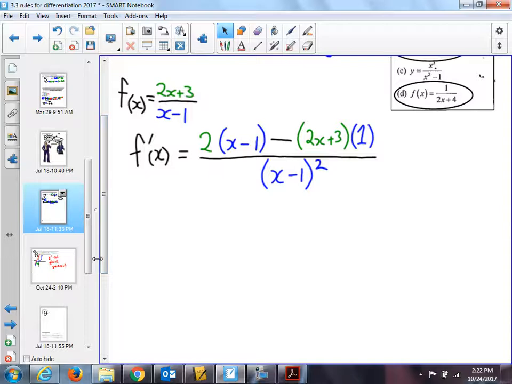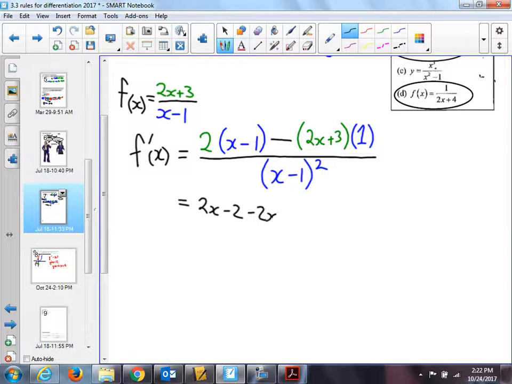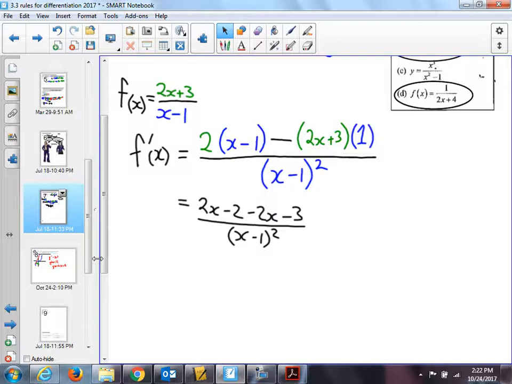Now, you could group on the top. Let's do a quick thing here. So that's 2x minus 2. I'm going to drop the color scheme on the top. Minus 2x minus 3. On the bottom, x minus 1. You guys follow me? I was just distributing, right?